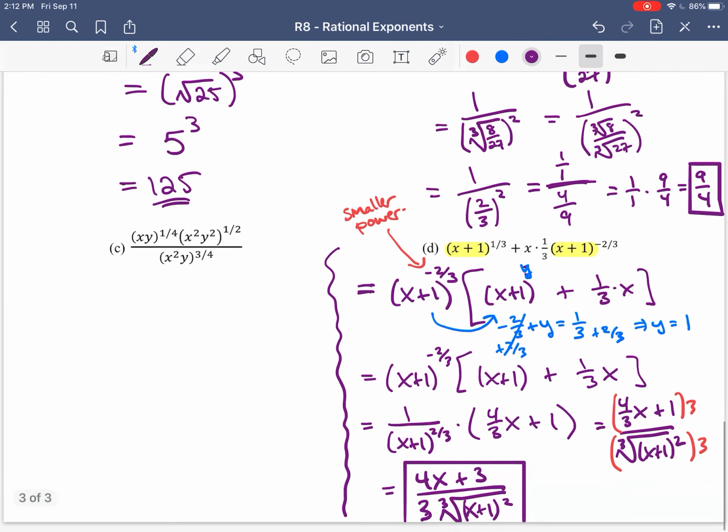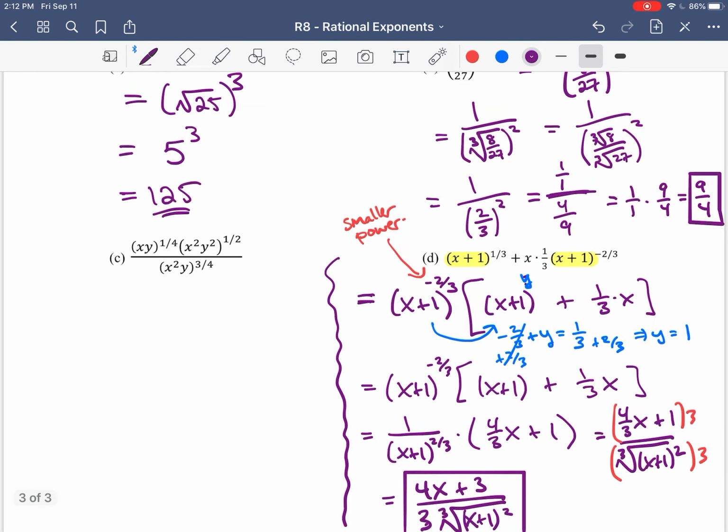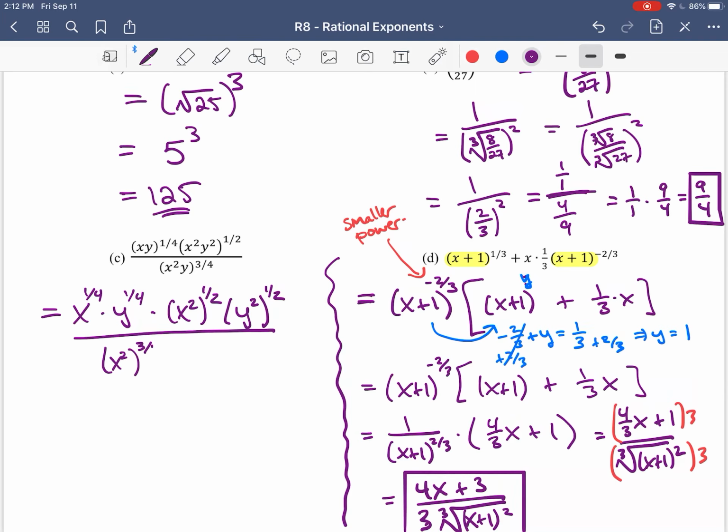Okay, now down here, we're going to use the exponent rules. So I can bring the exponents in. So this is x to the 1/4 times y to the 1/4 times x squared to the 1/2 times y squared to the 1/2 all over x squared to the 3 over 4 times y to the 3 over 4.